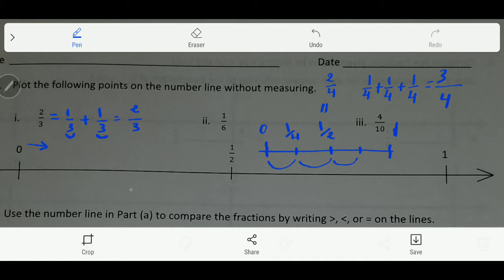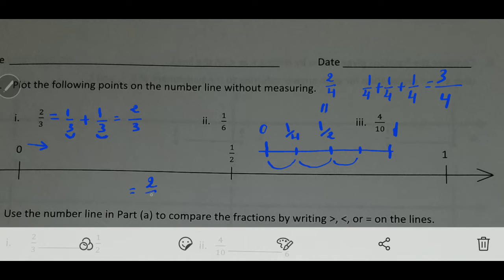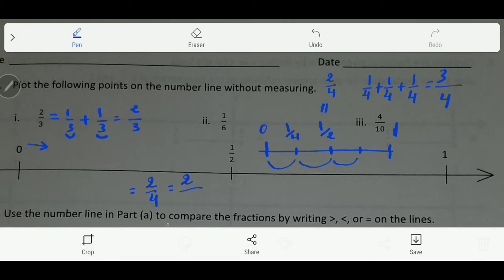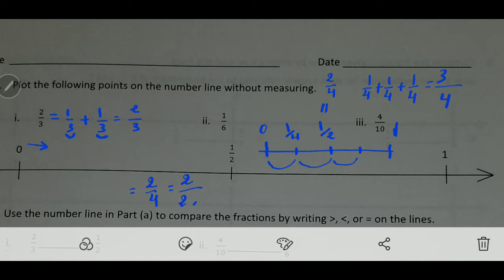Okay, let me explain to you, maybe if you forgot how to simplify. If you have 2 over 4, 2 is already simplified, but what is 4? 4 can be written in a different way. It can be like 2 times 2.